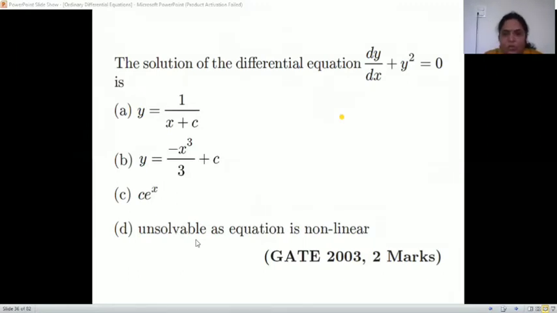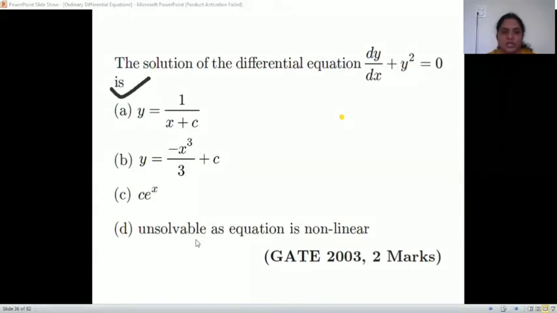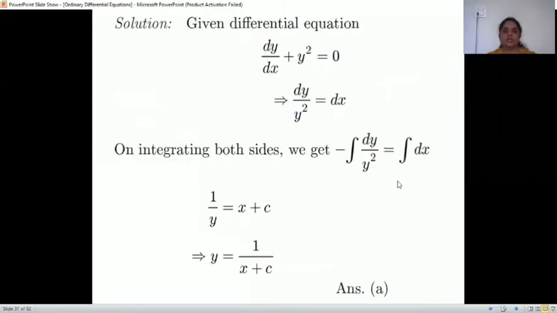No. Right? Yes, Snehal? A option. Yeah, y is equal to 1 upon x plus c. Okay, very good. We'll check. Okay, Snehal is saying first option. Okay, someone again took the first. We'll check. Sure. We'll go towards the answer then. So the answer is A.